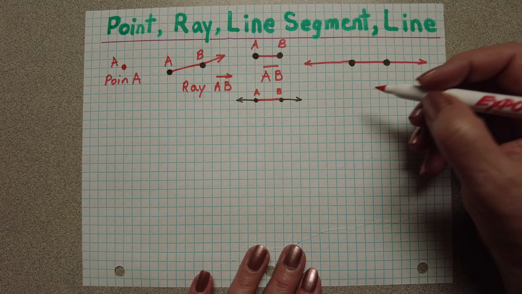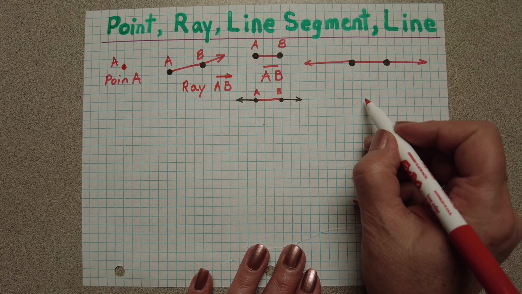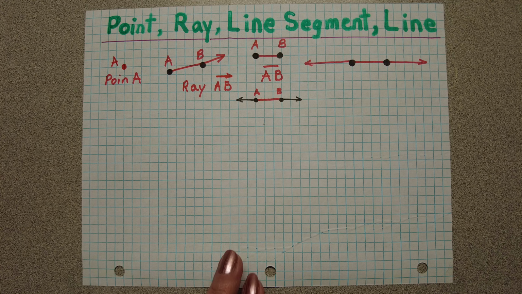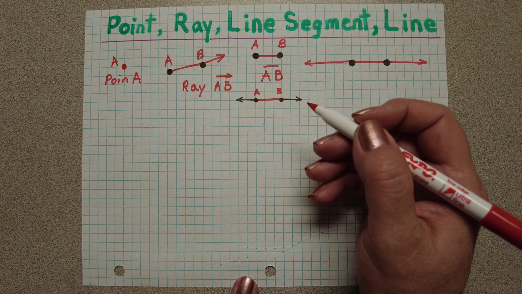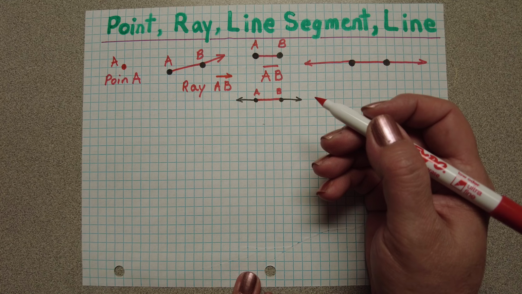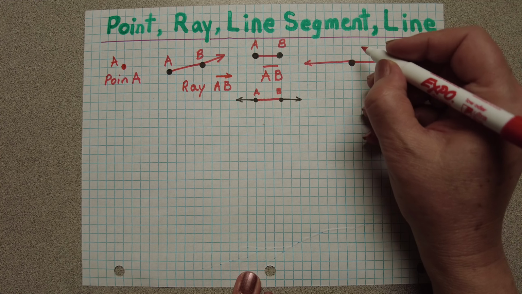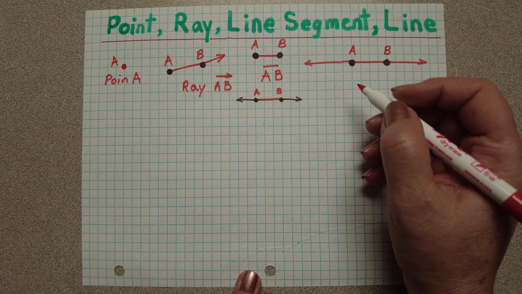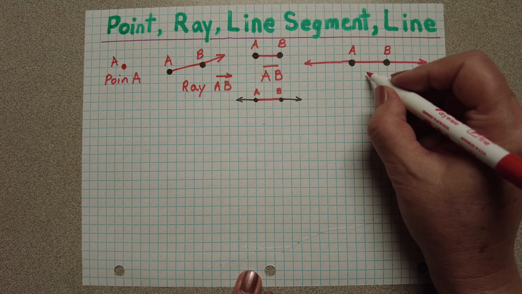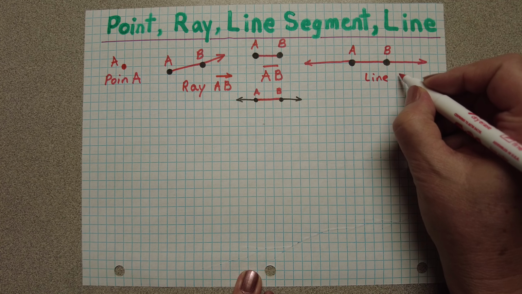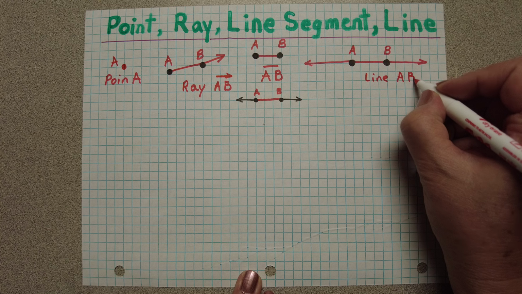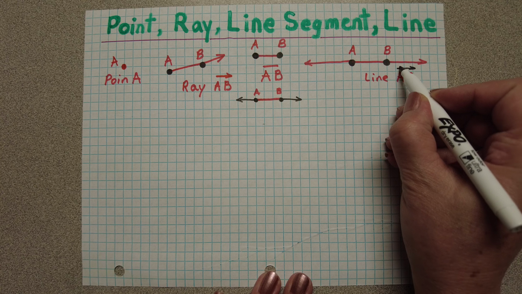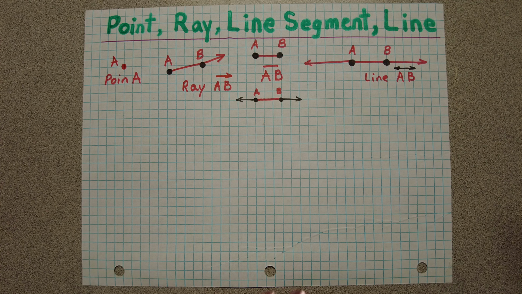Let's put the names also for line. For line we put like this. Let's say this is point A, point B. We go line A, B, on top of it both directions of arrows.